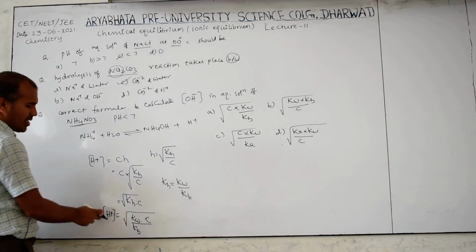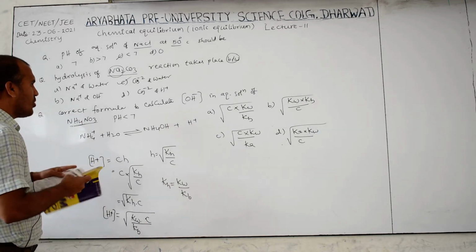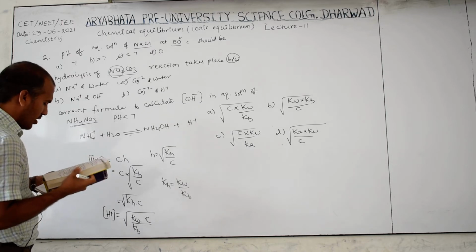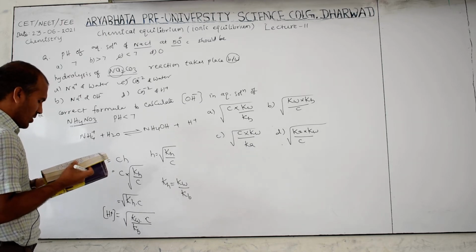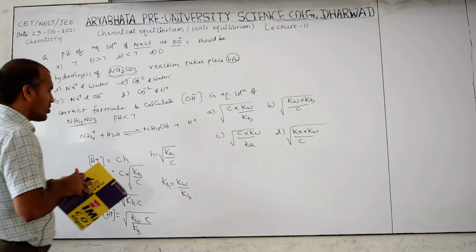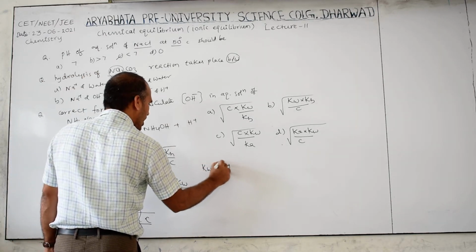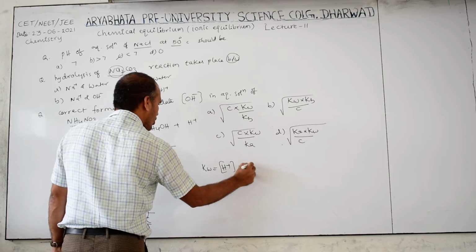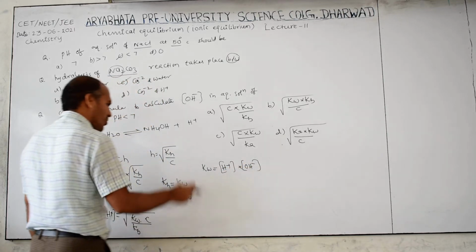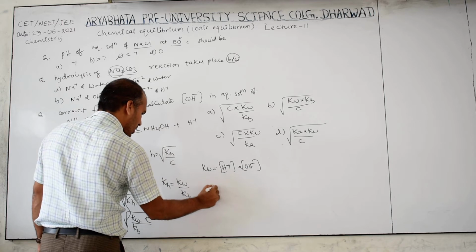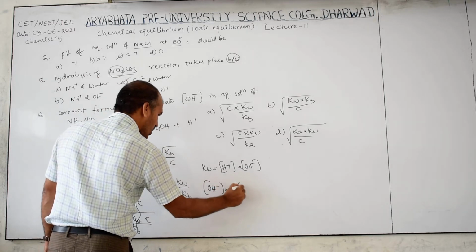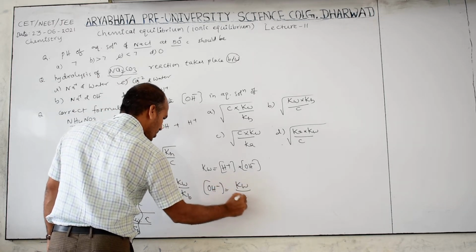So we got the H plus ion concentration. Now, according to the question, we need the correct formula to calculate the hydroxyl ion concentration. We know that Kw is equal to H plus ion concentration into OH minus ion concentration. If you know the H plus ion concentration, then OH minus ion concentration is equal to Kw by H plus ion concentration.